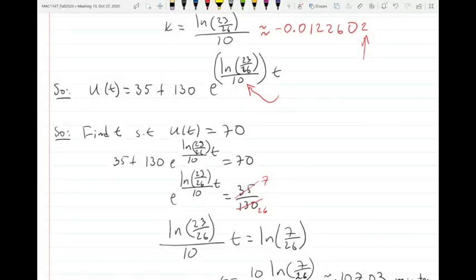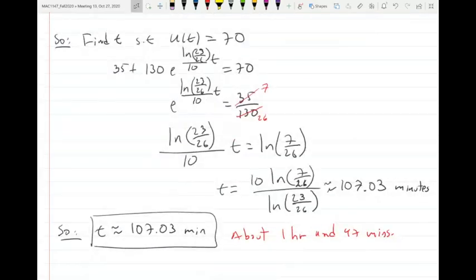It will be ln of 7 over 26, and then we divide by negative 0.0122602, and I get 107.03 when you round, 0.028. So at the end, the rounding comes out to be the same. That way, you could save yourself some time plugging into your calculator later, but it's up to you.